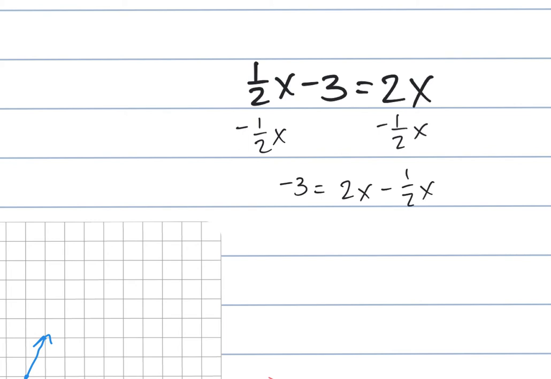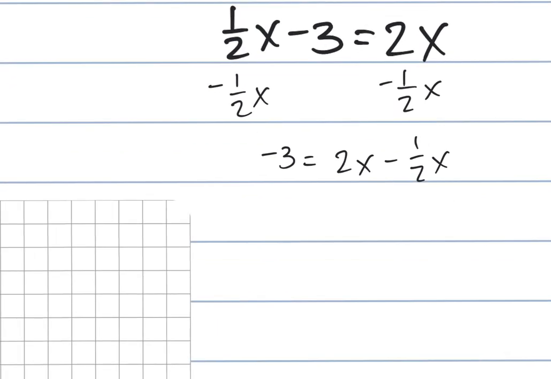Diego, do you know what we would do next? We would subtract 2x minus 1/2 x, which would be 1.5x. You just thought about it as a mixed number? Very good. So this is going to be -3 equals 1 and 1/2 x, because if you have 2 of something and you take away half, you're left with 1 and 1/2.